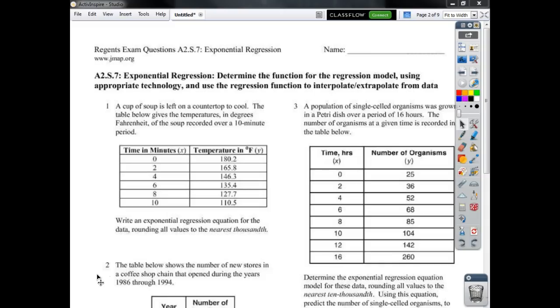Think about the formula. What is the formula? Mx plus b? No, it's y equals a times b raised to the x. Remember, I told y'all to think about the alphabet? And what were the first two letters of the alphabet? A, B, right?